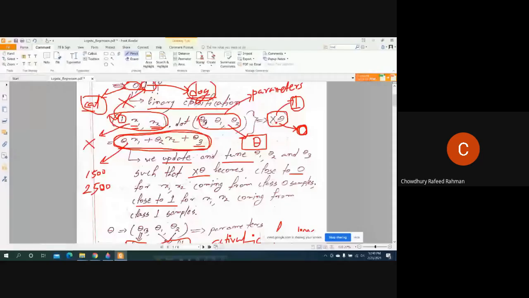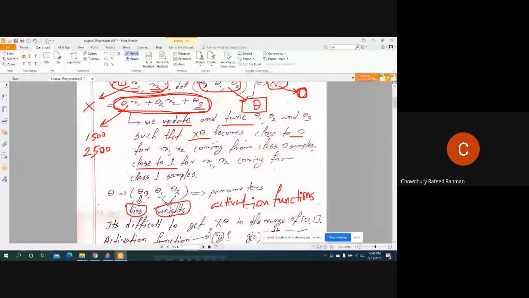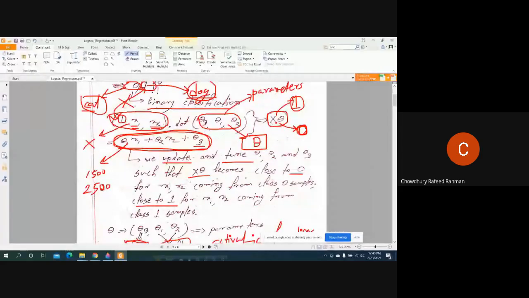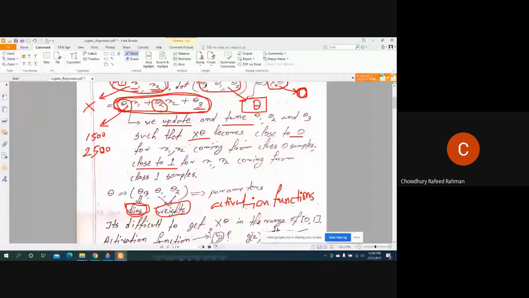It is being multiplied with a constant value. That is why theta3 is a bias. And theta1 and theta2 are being multiplied with x1 and x2. So theta1 and theta2 work like weights. Theta1 is weighing x1 and theta2 is weighing x2. That is why theta1 and theta2 are called weights. So is this concept clear? The concept of bias and weights?